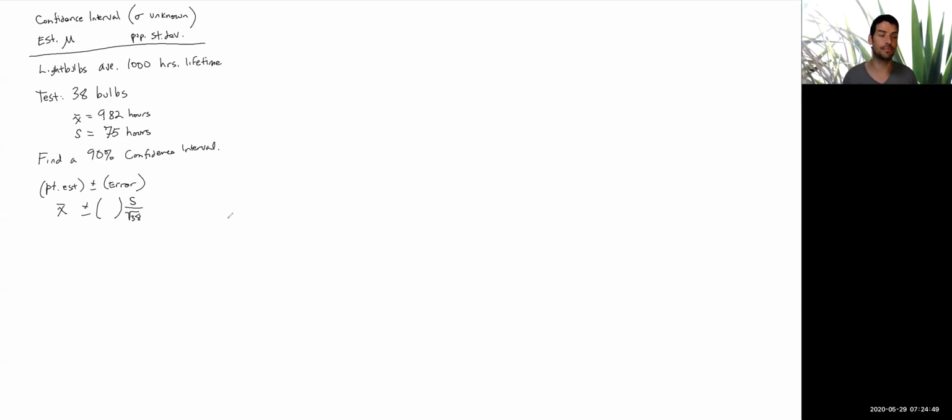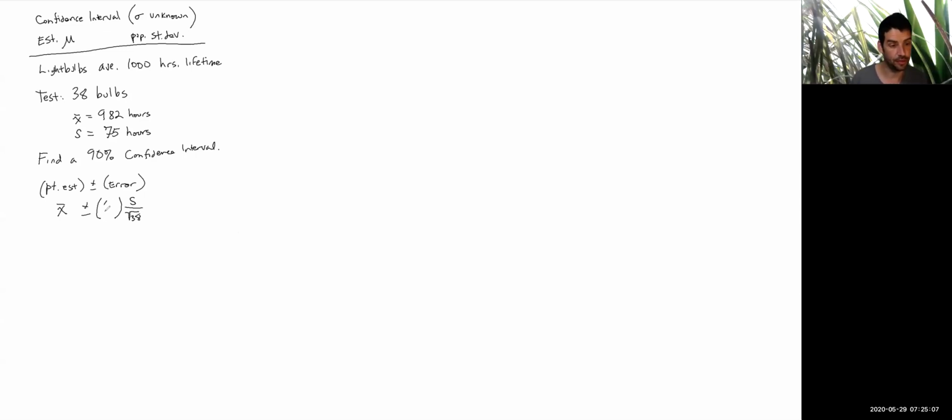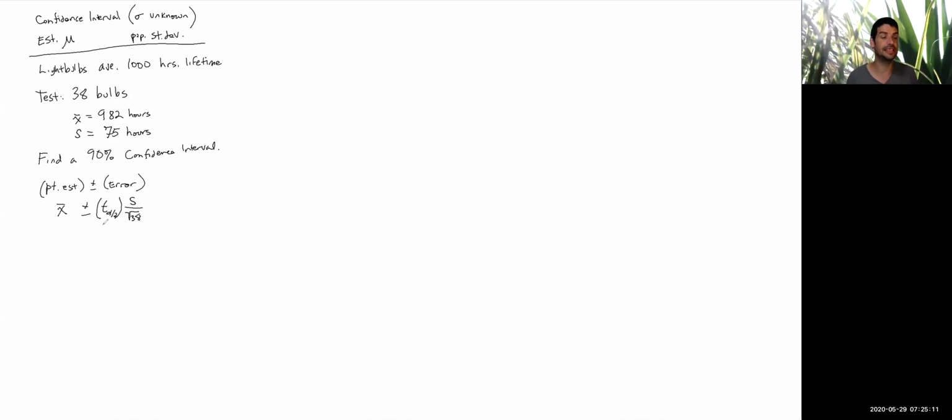It shouldn't be as precise or as close, right? Having less information typically makes us have less good estimates of things that are happening. So we're not going to use a normal distribution to compute a z-score. We're going to compute something called a t-score, right? So just like we would compute z of alpha over 2, we're going to compute t of alpha over 2, okay?